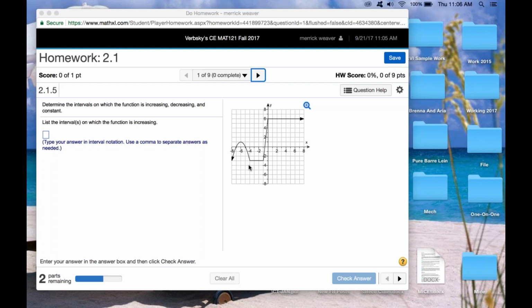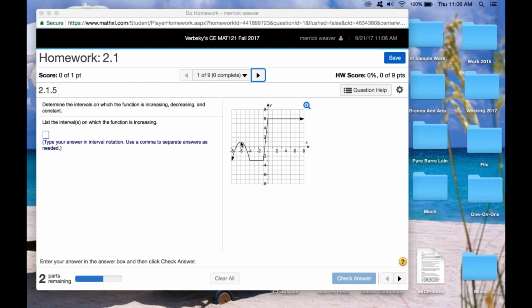What's the x-coordinate? That's a y. Point your cursor at where it stops increasing. Oh, where it stops increasing right here. That's the x-coordinate. Okay, so it's -infinity.